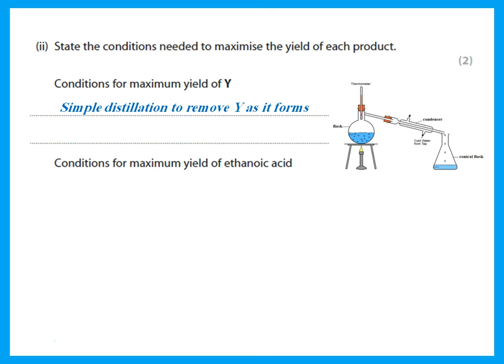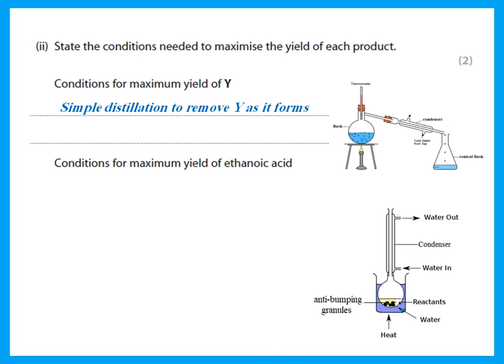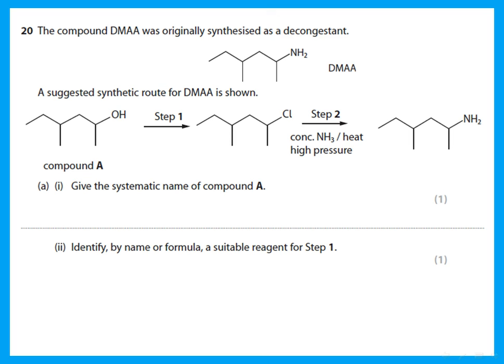But if we want the acid, we need to do what? We need to heat under reflux. Heat under reflux means I put the condenser vertically on the flask and I keep heating this. Whatever evaporates will cool and come down, so that we do not lose the alcohol or the acid. Heating under reflux changes the alcohol into acid.